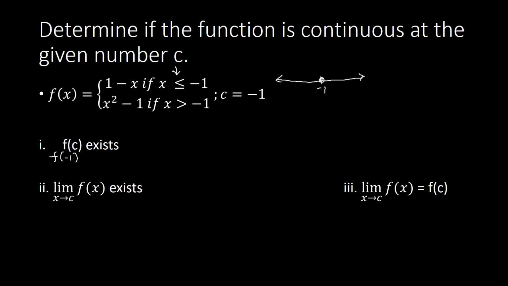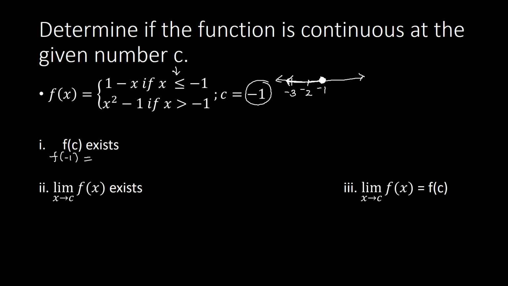That means negative 1 is included as part of the domain. To the left we have negative 2, negative 3, and so on, which satisfy the domain of the first function. And we wanted to know where negative 1 is satisfying.